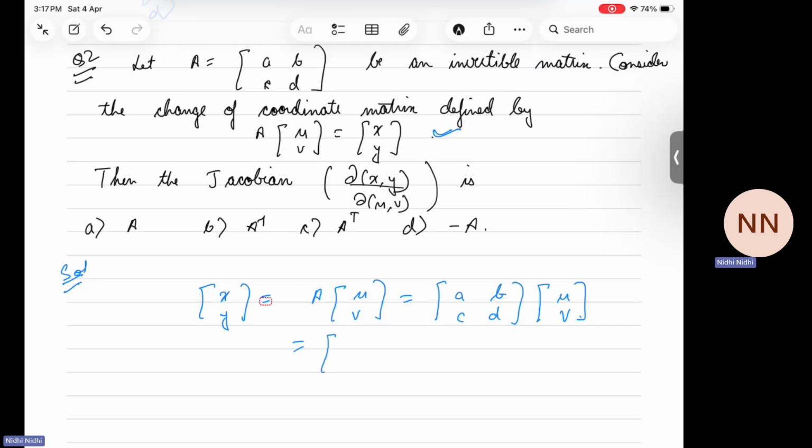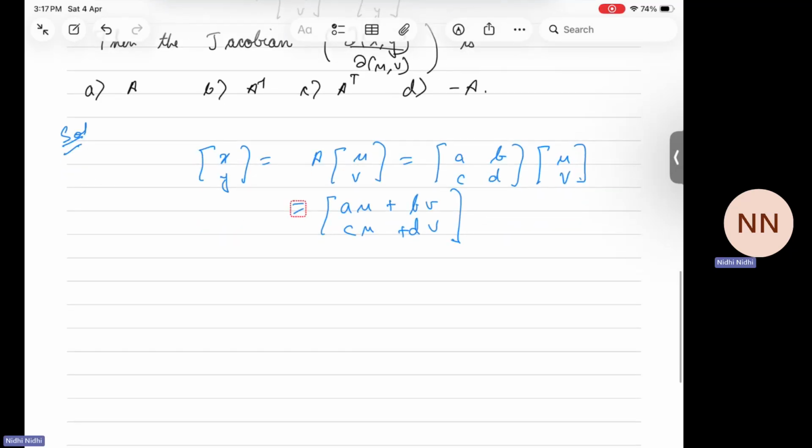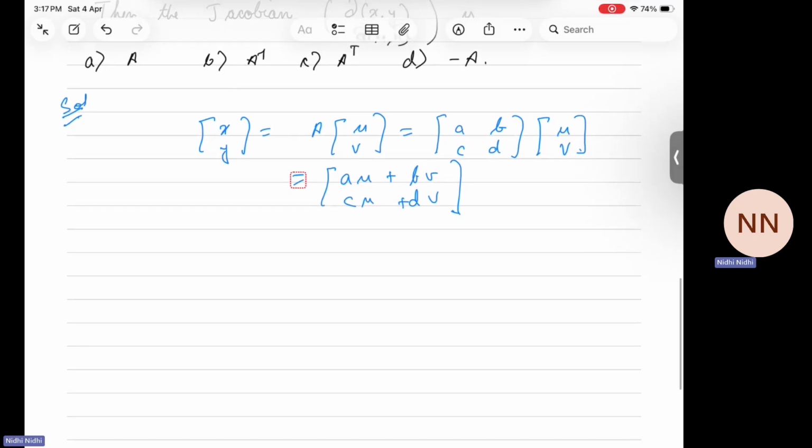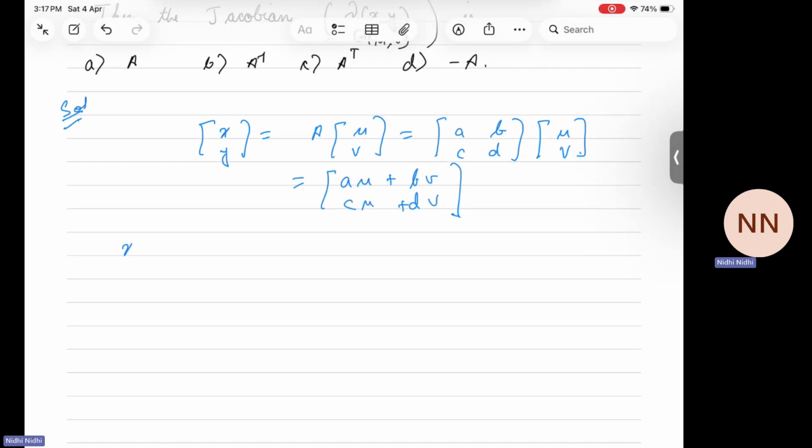So this gives us AU plus BV, CU plus DV. That means our change of coordinate is in such a way that now our x is equal to AU plus BV and y is equal to CU plus DV.